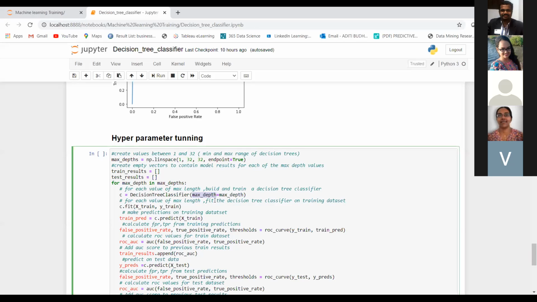So what is overfitting? Overfitting is nothing but the situation in which your model is able to give you very good results on your training data set, but is not able to give you good performance on your testing data set, or on the data set which it has not seen previously.